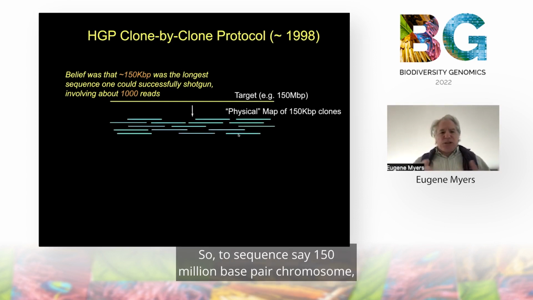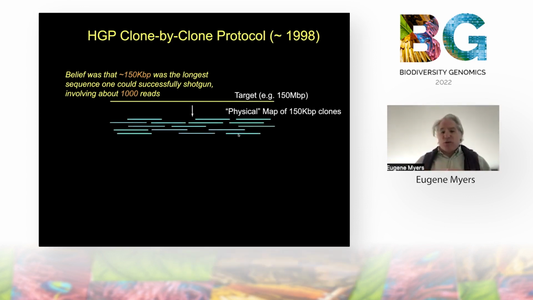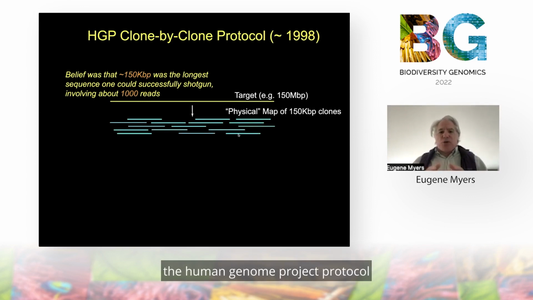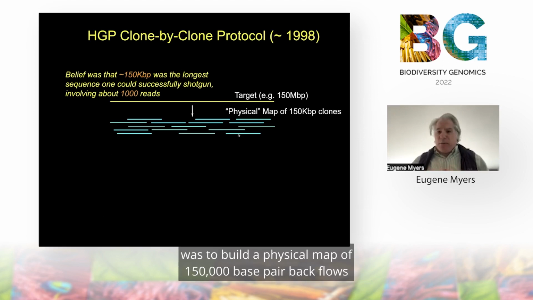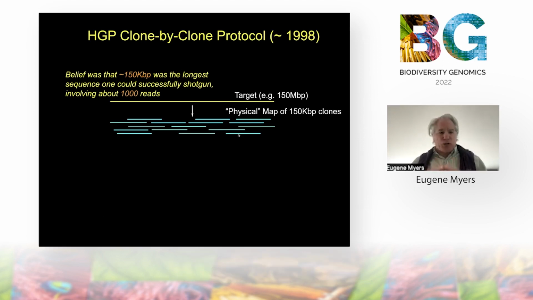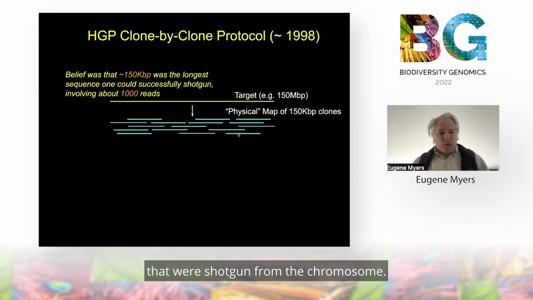So to sequence, say, a 150 million base pair chromosome, the Human Genome Project protocol was to build a physical map of 150,000 base pair BAC clones that were shotgunned from the chromosome.